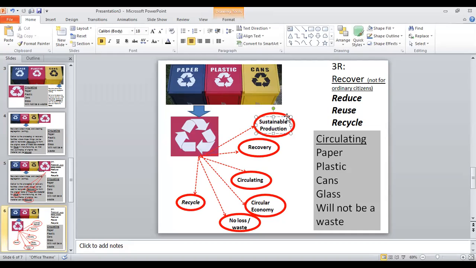So we can say that even sustainable consumption. Sustainable consumption. Interesting.